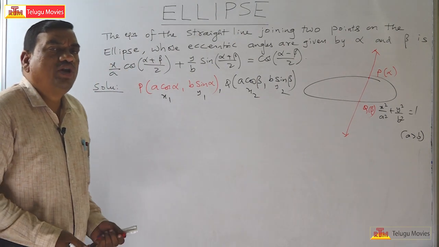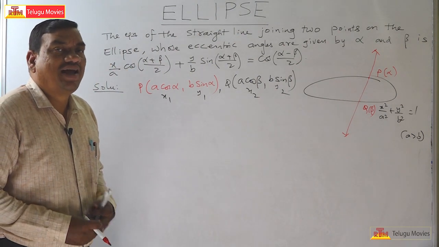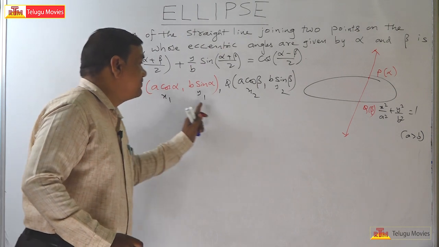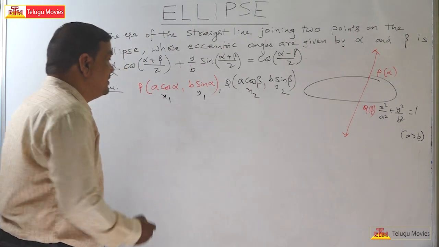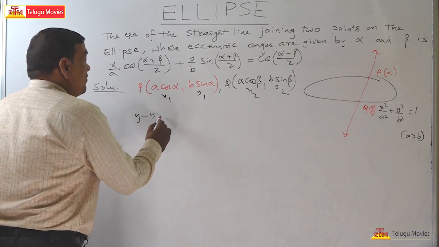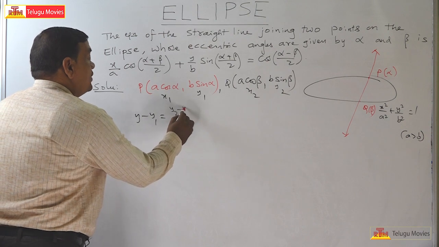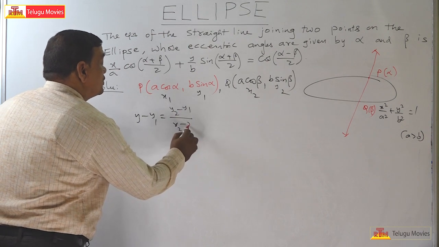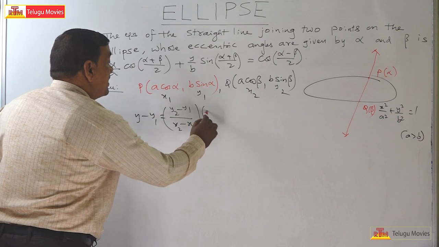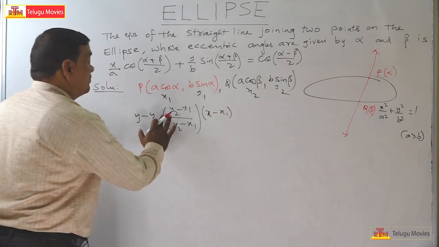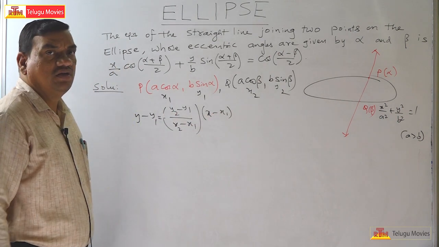We know that the equation of the line passing through the 2 points (x1, y1) and (x2, y2) is y minus y1 is equal to (y2 minus y1) upon (x2 minus x1) times (x minus x1).